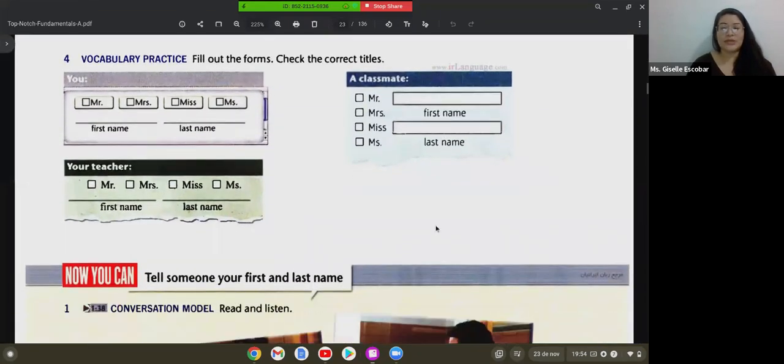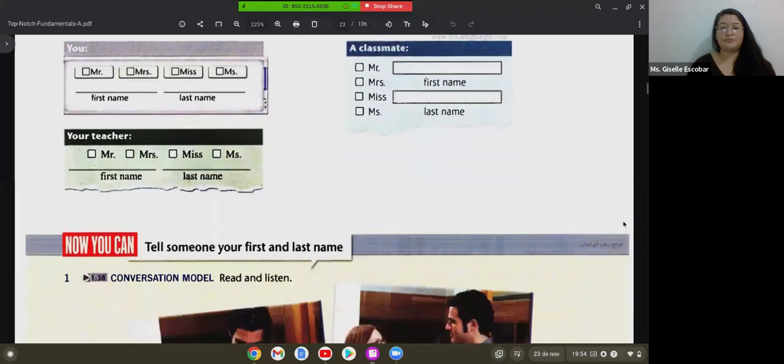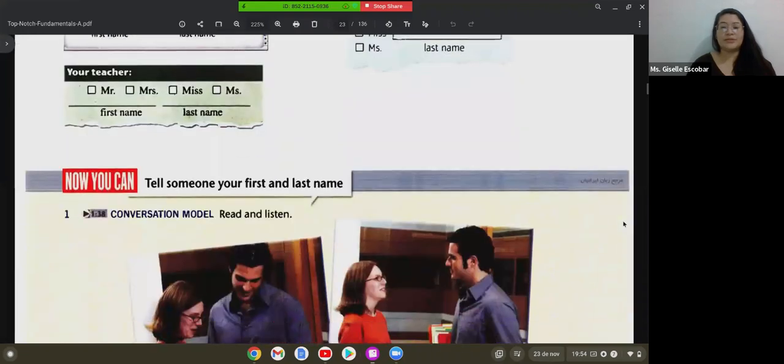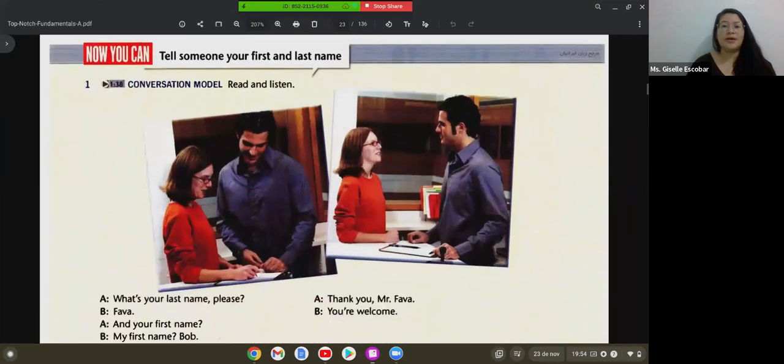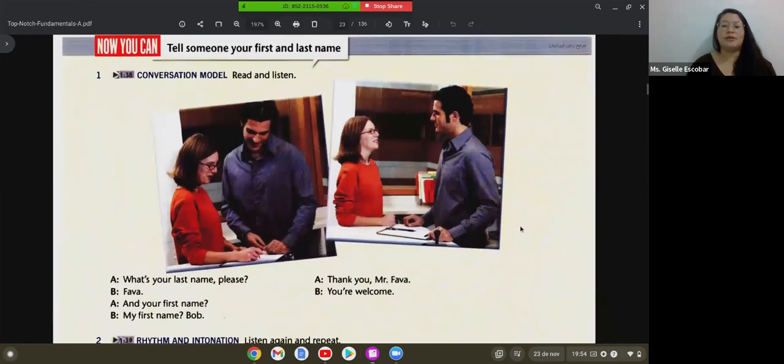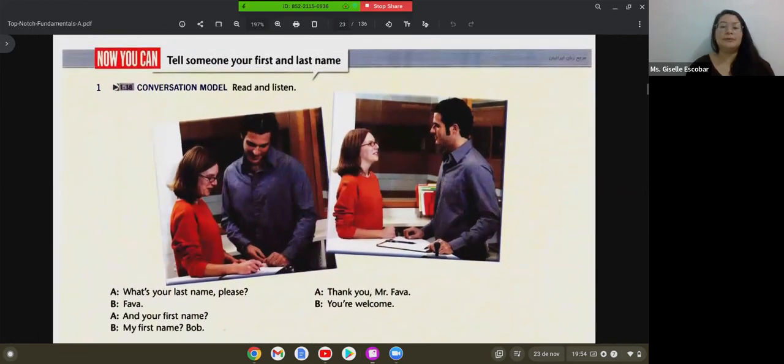Let's continue. So we have here a conversation model. Now you can tell someone your first and last name. The conversation model says read and listen.